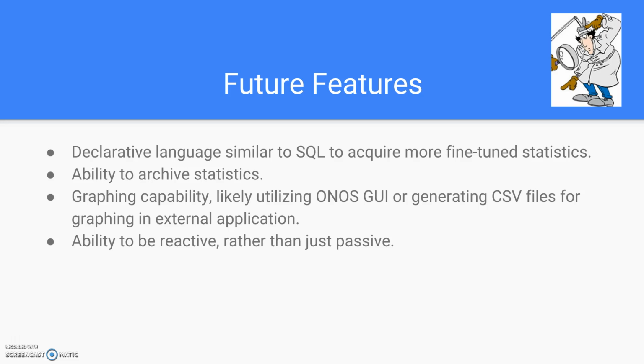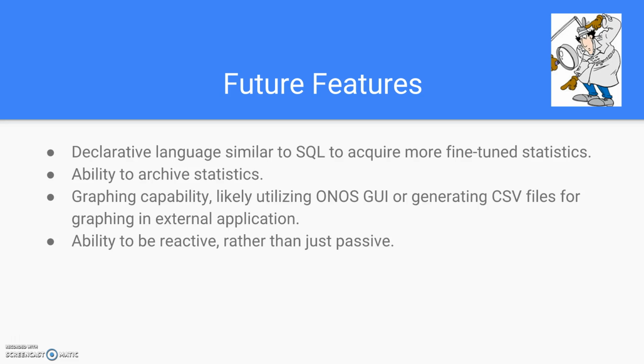Future considerations, if given more time and research, create a declarative language, similar to SQL, to acquire even more fine-tuned statistics. You can also have the ability to archive statistics into an actual database on disk. Other features also include graphing capabilities.